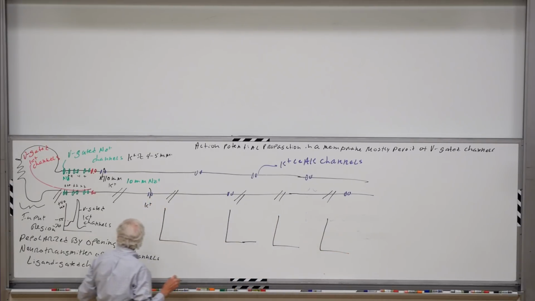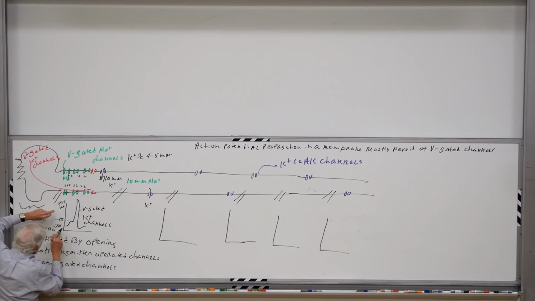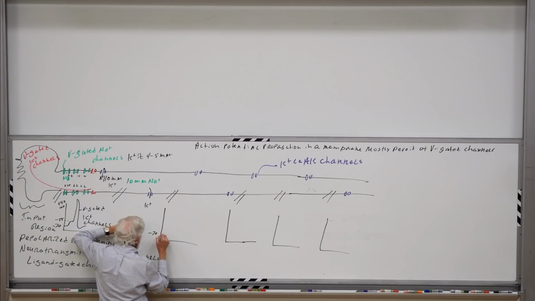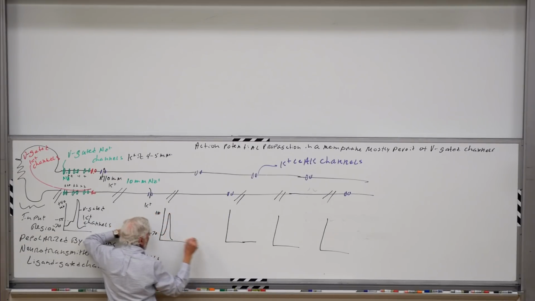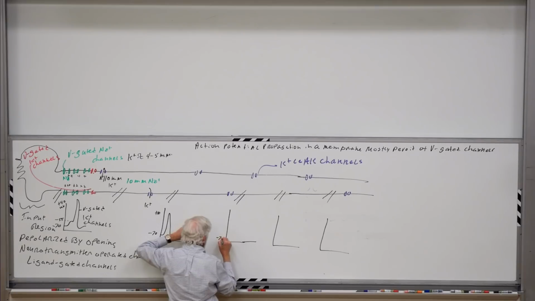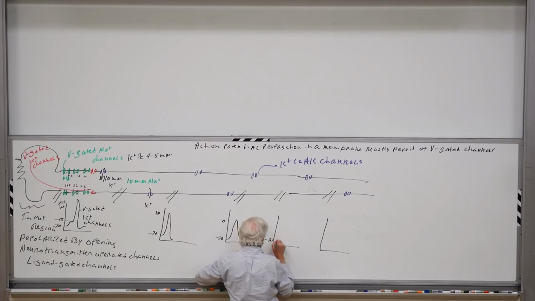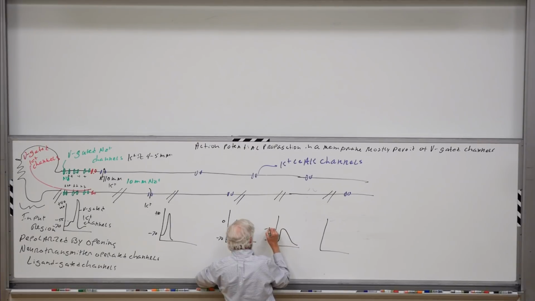Then if you take measurements at these intervals along the length of the axon, where all you have are the leak channels, then where the excursion initially was minus 70 to plus 40, down here a ways, it will go from minus 70 to maybe plus 10. And down here a ways, it may go from minus 70 to 0 millivolts. And here it may go from minus 70 to minus 10 millivolts.